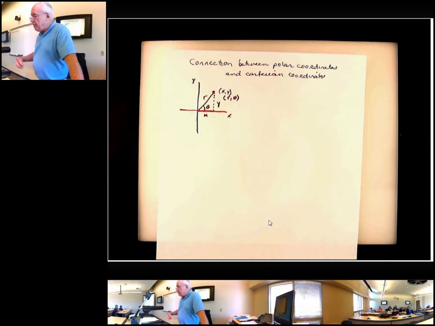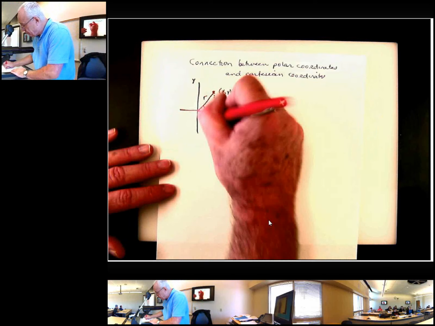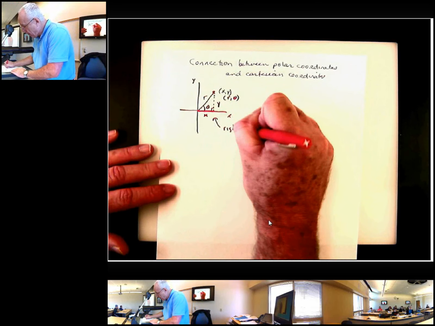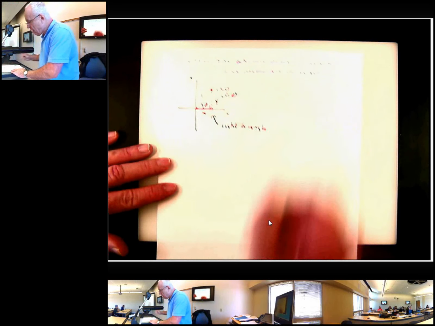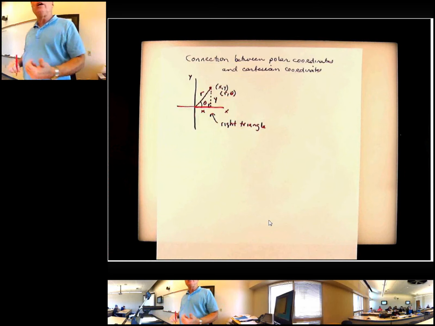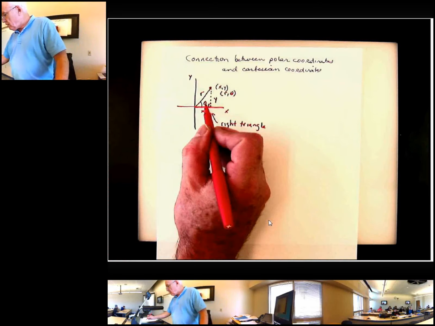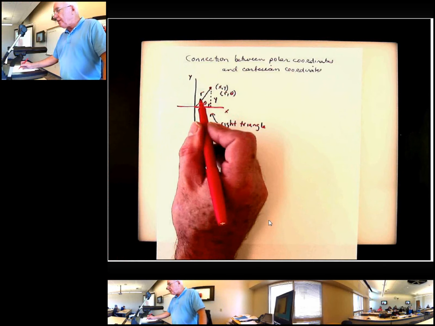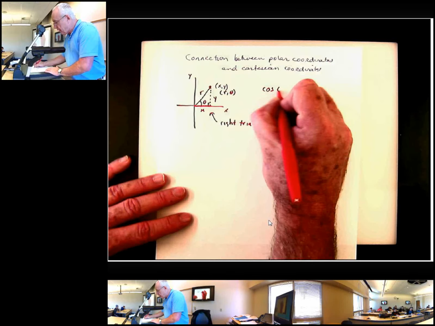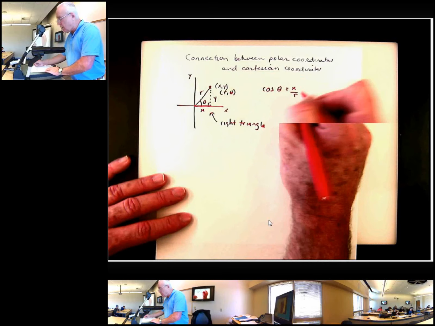So now we have a right triangle here. All right, so we have an angle. The cosine of that angle is going to be equal to the adjacent over the hypotenuse. So cosine of theta is equal to x over r.